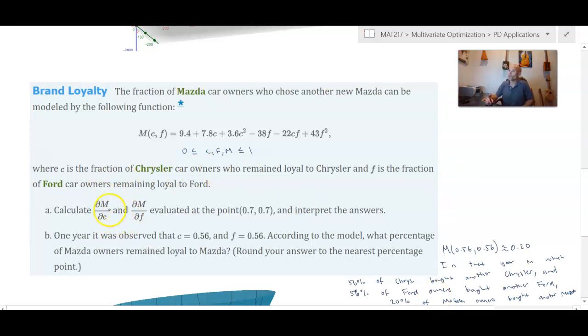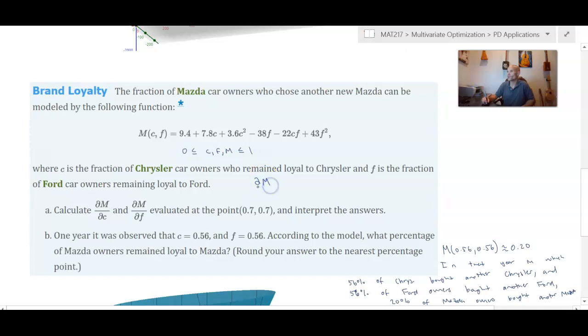Now, it might make a little more sense to evaluate these partial derivatives. We're going to do this 2 ways: one is algebraically, and the other is with Wolfram Alpha.